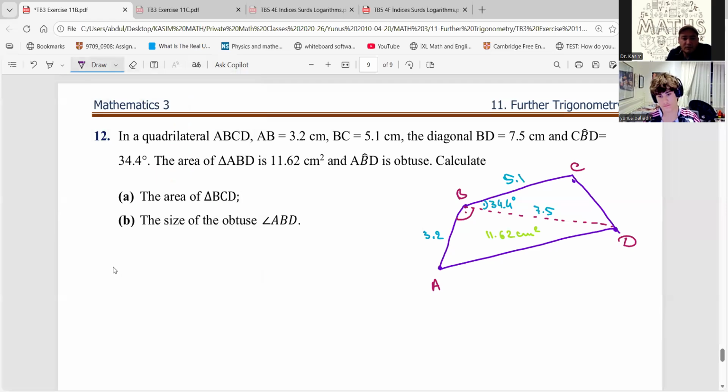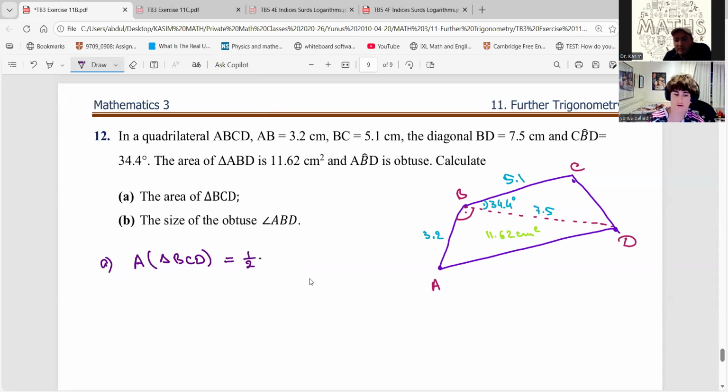The first question is the area of BCD. That's easy, you can just use one of the rules. Is it the sine rule or the cosine rule? Sine. Cosine is not used for area, right?